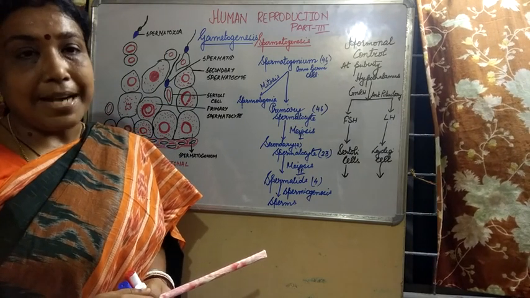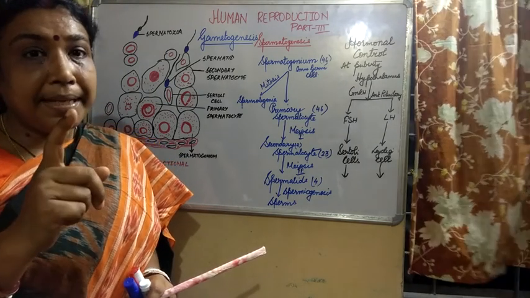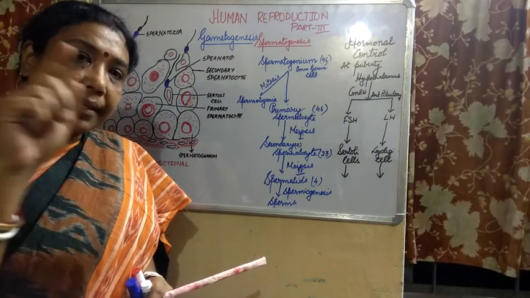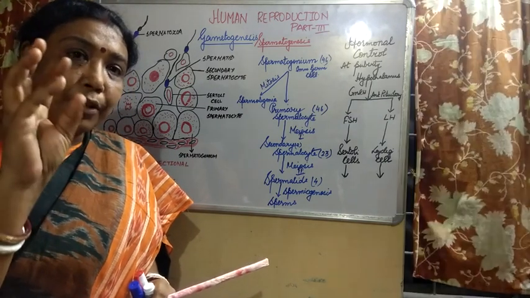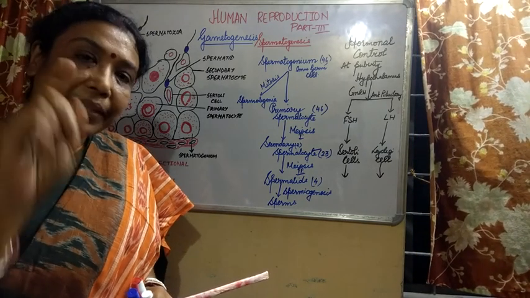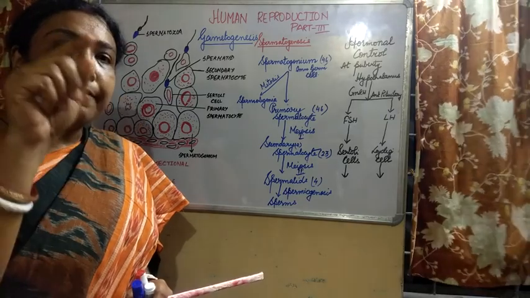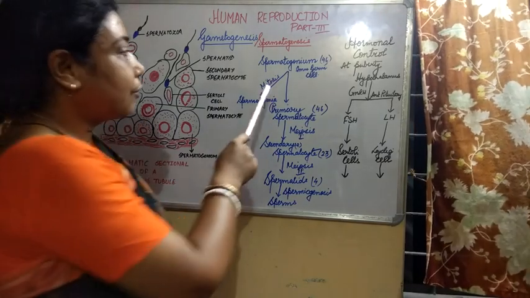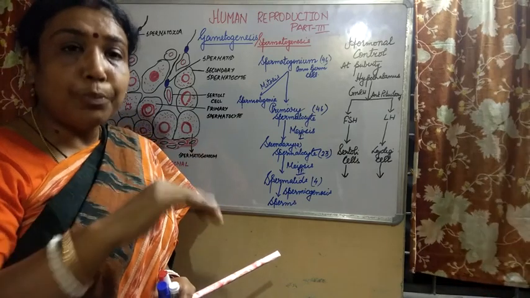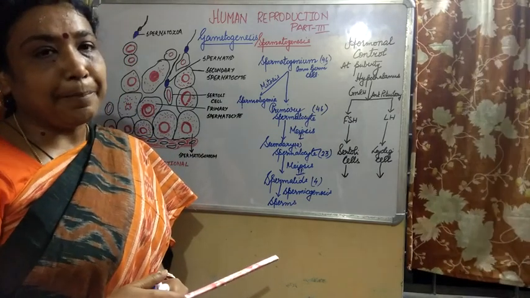So again I am repeating that immature germ cells in the seminiferous tubules are known as spermatogonium. This spermatogonium will undergo mitosis to increase their number and produce more spermatogonium.